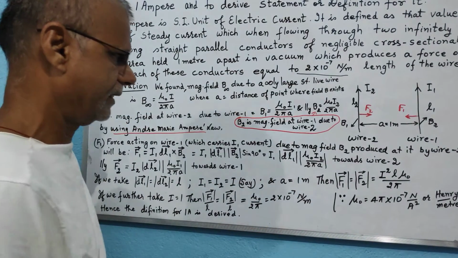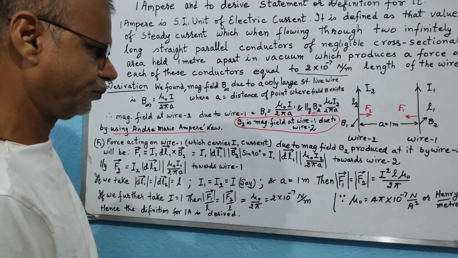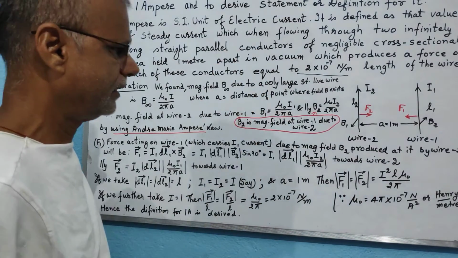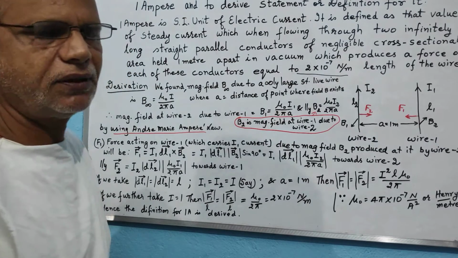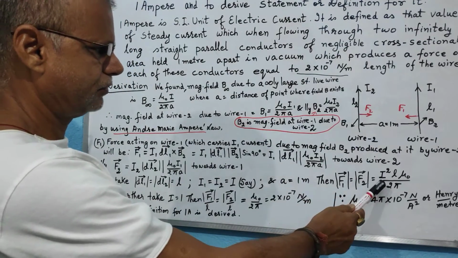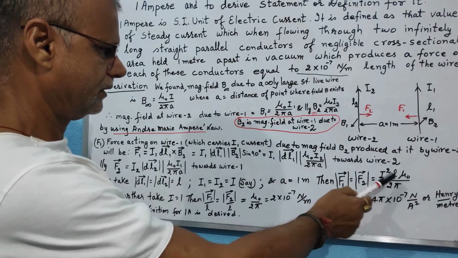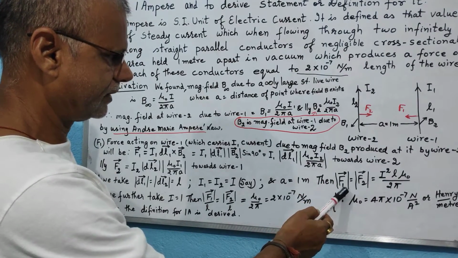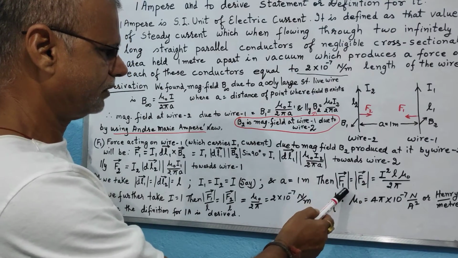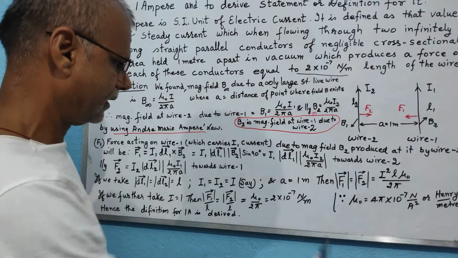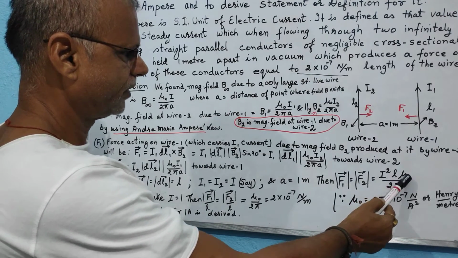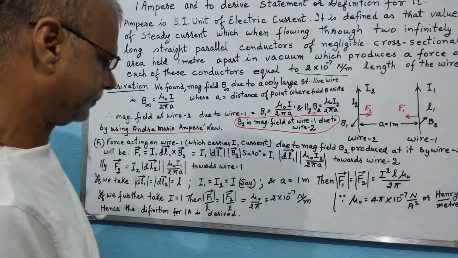Now if we further assume that I is equal to 1, because we want to find the definition for 1 ampere, then force per unit length, you carry the L to the denominator on the left side. So you get force per unit length when I is taken equal to 1, which is equal to mu 0 by 2 pi.